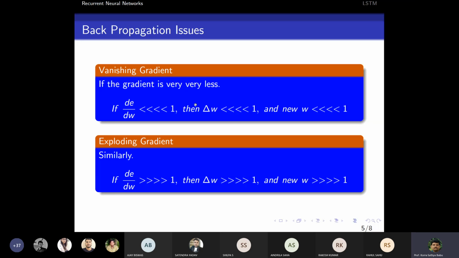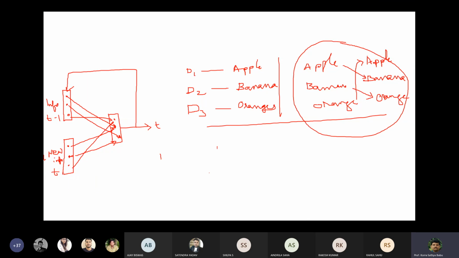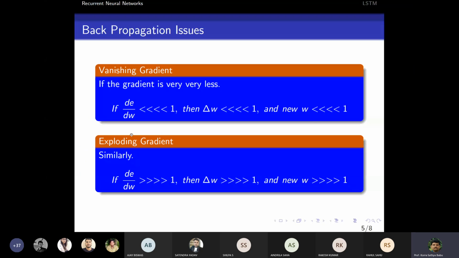Basically, suppose this is your target point. From here, slowly you are coming down like this. So when you reach here, this is another issue: the exploding gradient.